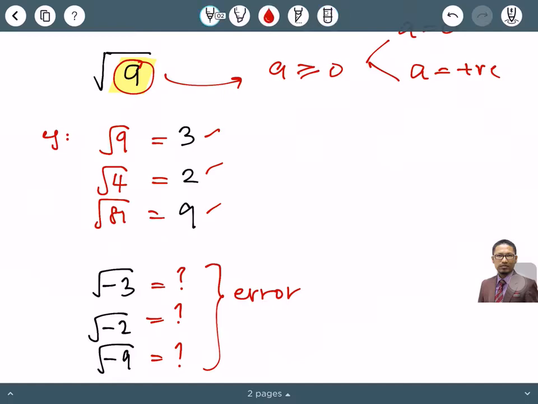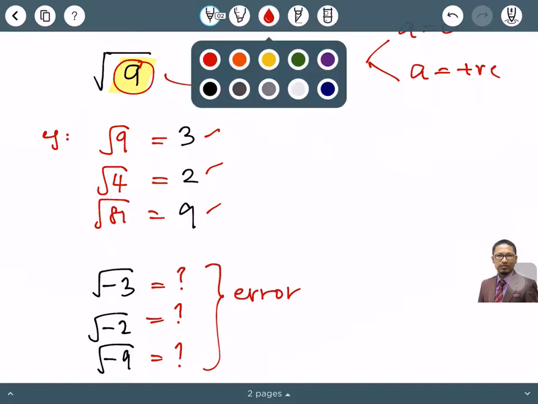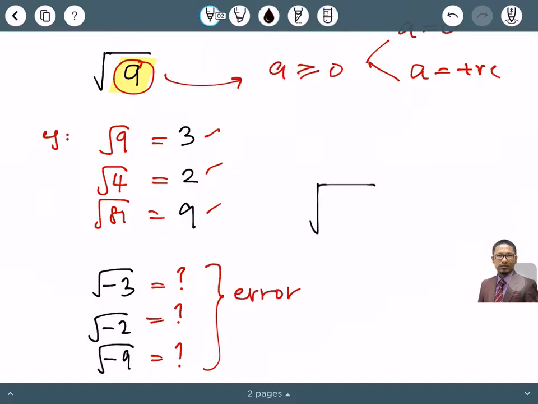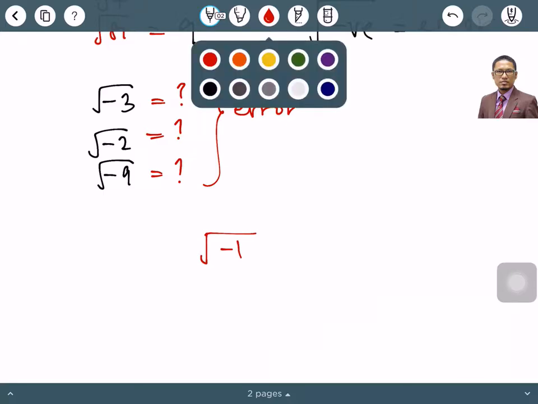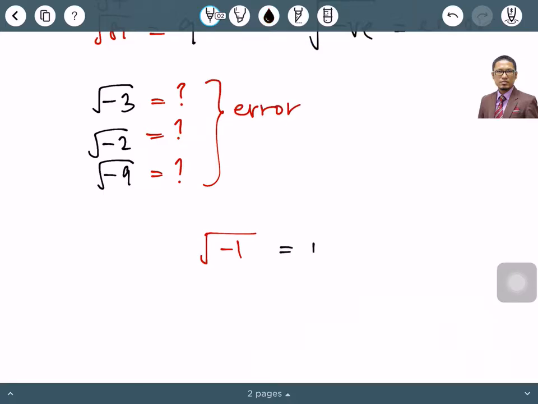Disebabkan isu negative number cannot be square root, maka kita ada wujudkan satu disiplin ilmu baru dalam matematik, iaitu square root of negative 1 kita akan letakkan dia sebagai I.